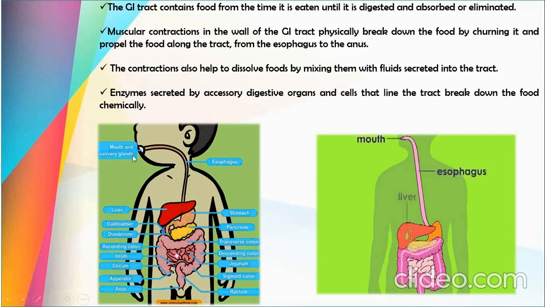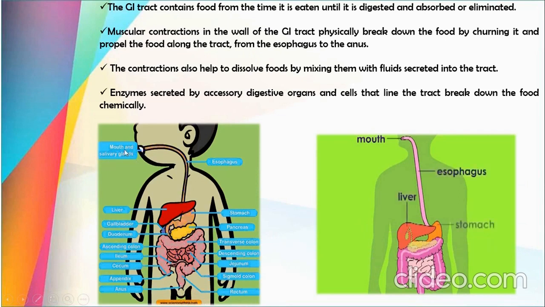Now here is the mouth, esophagus, liver, stomach, gallbladder, pancreas, duodenum. Next one is ascending colon, transverse colon, descending colon, ileum, cecum, appendix, anus, jejunum, sigmoid colon and the rectum.